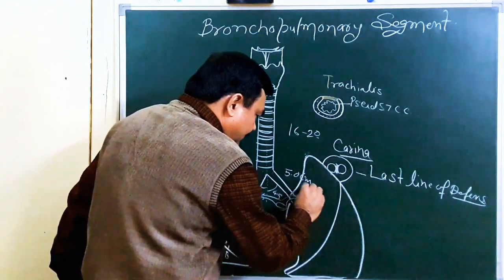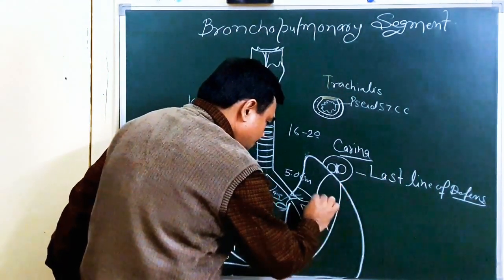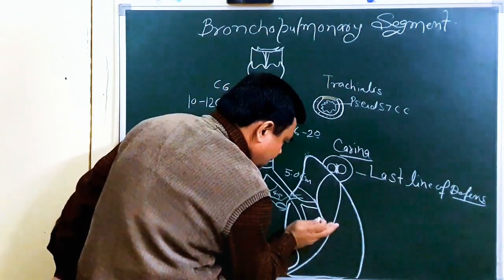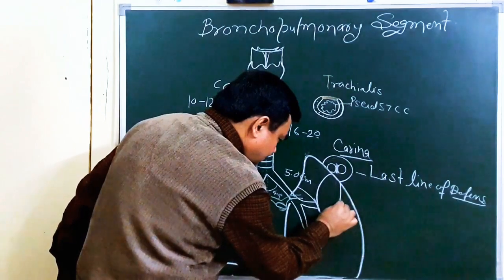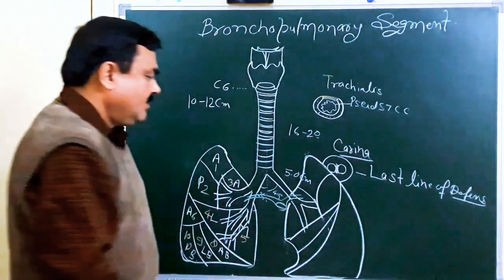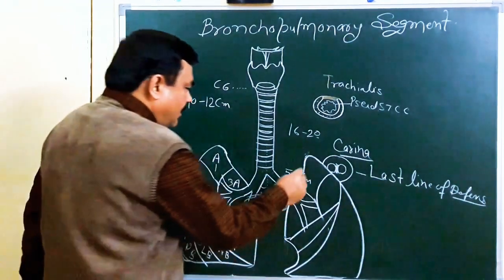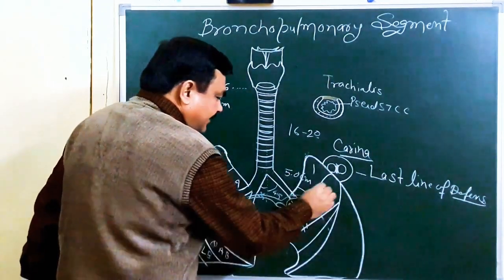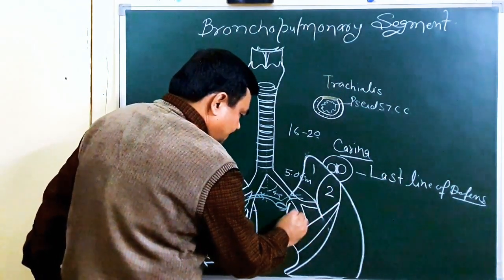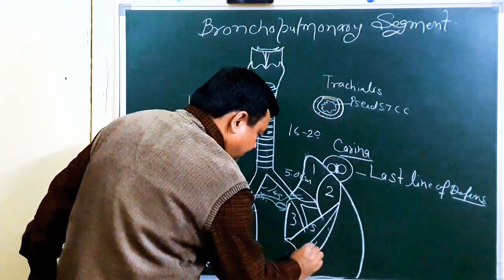The upper lobe is again divided into five bronchopulmonary segments. This is number 1, apical. Here is posterior. Here is anterior. Here is superior. This is inferior.